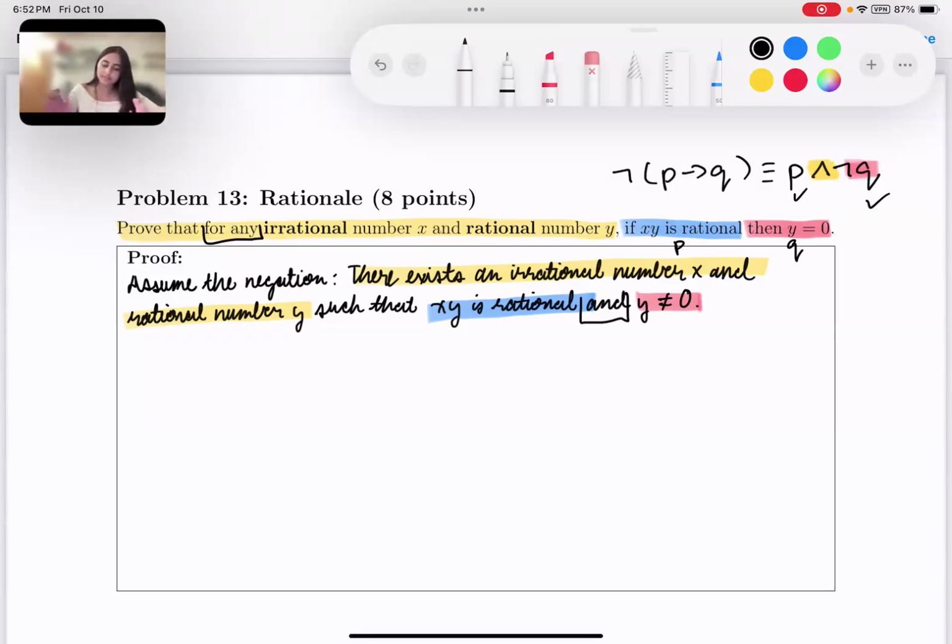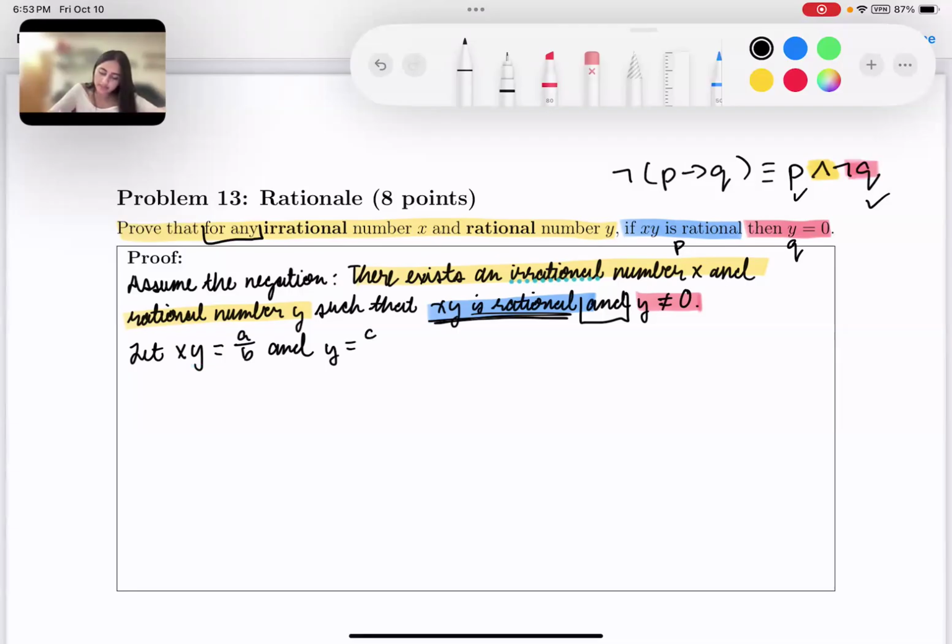Okay, so let's get started. We know that xy is going to be rational by our assumption over here. So let xy equal a over b, and we know that y is going to be rational as well.